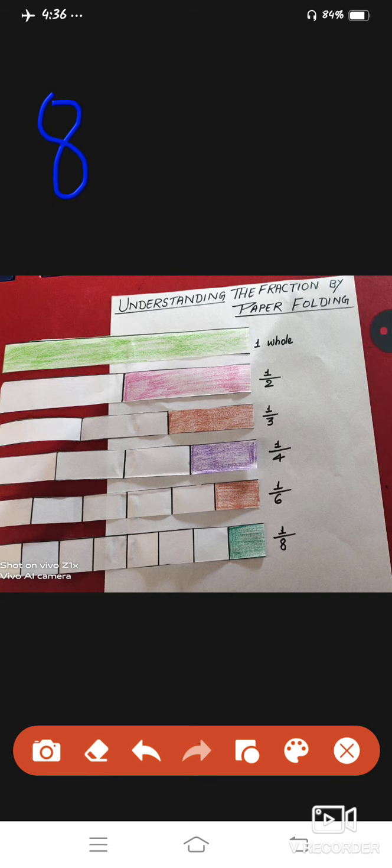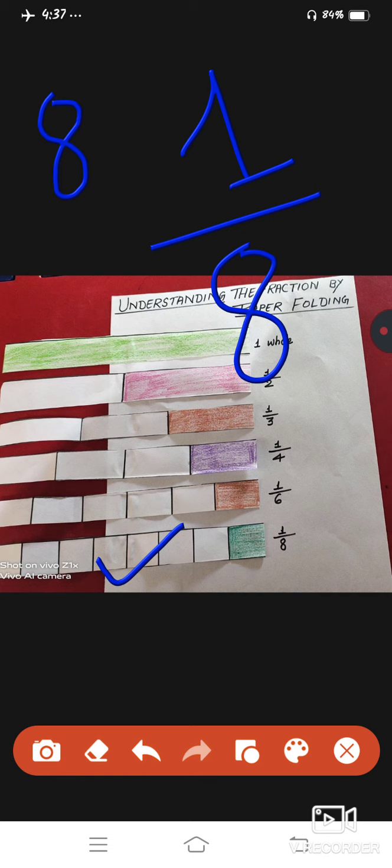So first we make 4 parts by folding, then fold it in the center once more, and we get 8 equal parts. As we did above, we shade 1 part. We have to shade 1 out of 8. So what fraction does the shaded part represent? Let's write down. Here 8 parts and number of shaded parts is 1. So this is 1 by 8 or 1/8.